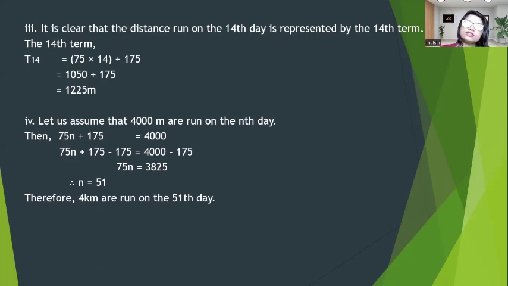Then you can find the value n using mathematics. I hope you can solve this. How can you get a single value for n? You need to remove the 75 as well as the 175.